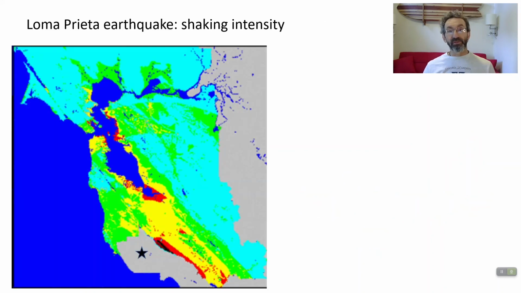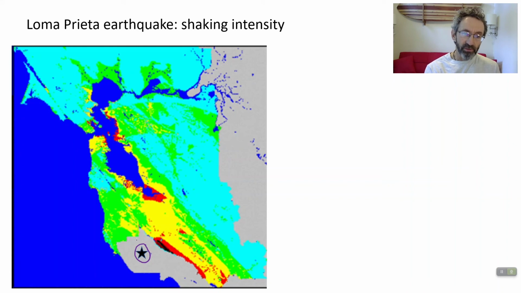And we saw this effect very clearly during the Loma Prieta earthquake. The epicenter was about where the black star is right here that I just circled in purple. And these colors represent shaking intensity. So blue is less shaking, and then red is more shaking.